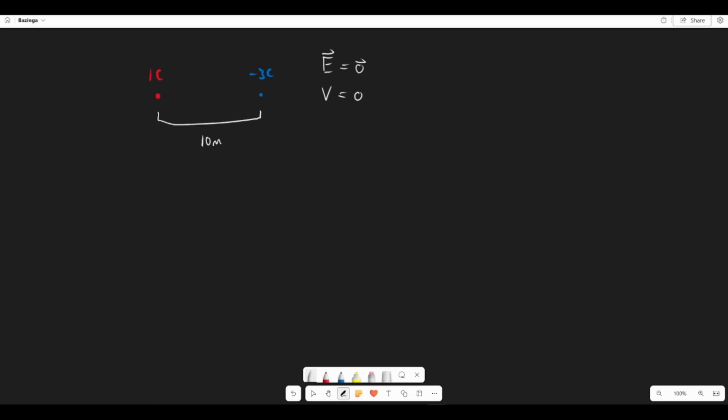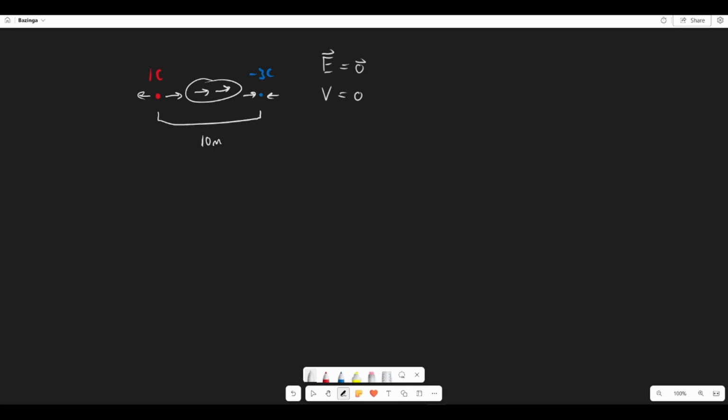Firstly, in this inner region, the positive charge will contribute a rightwards electric field, and the negative charge will also contribute a rightwards electric field, since the electric field goes out of the positive one and into the negative one.